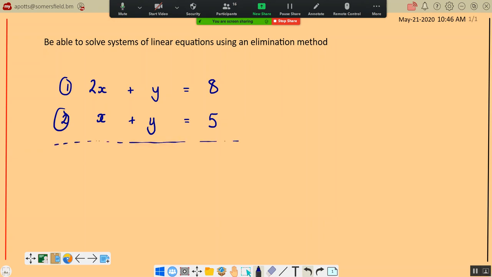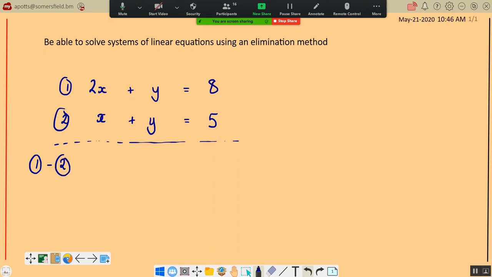We try and figure out what made the change. What's the mathematics behind finding the difference between two equations? Subtracting. There you go. So I'm going to do equation number 1 subtract equation number 2.